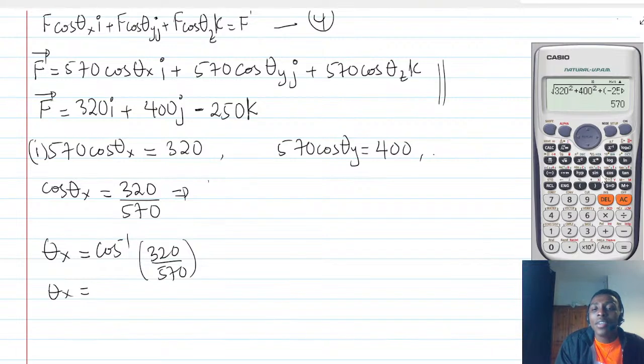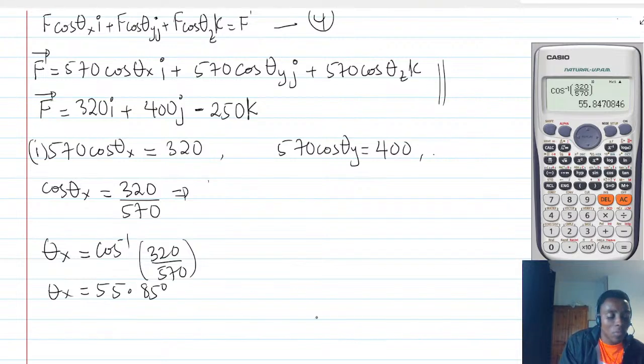Cosine inverse of 320 divided by 570 is 55.85. So that is theta x.